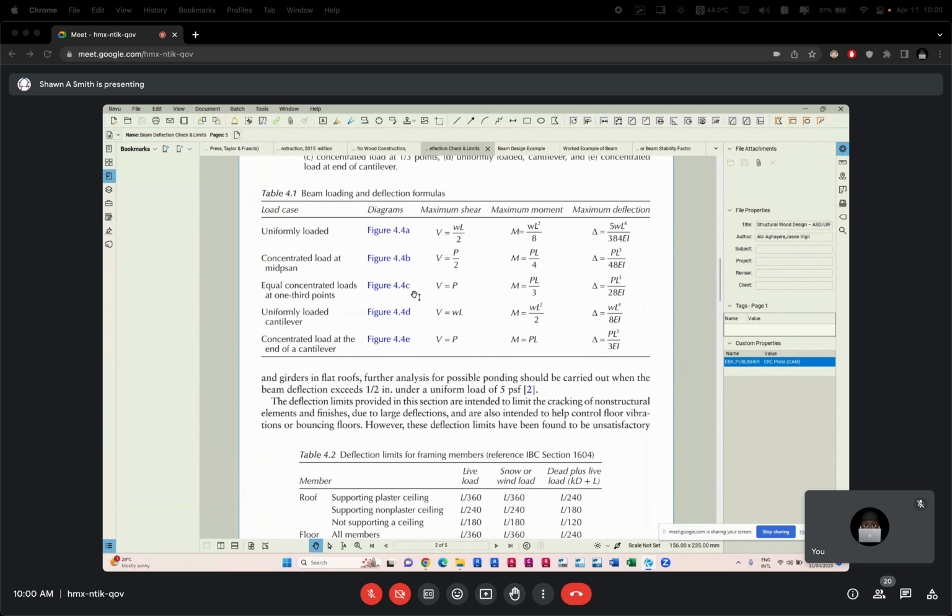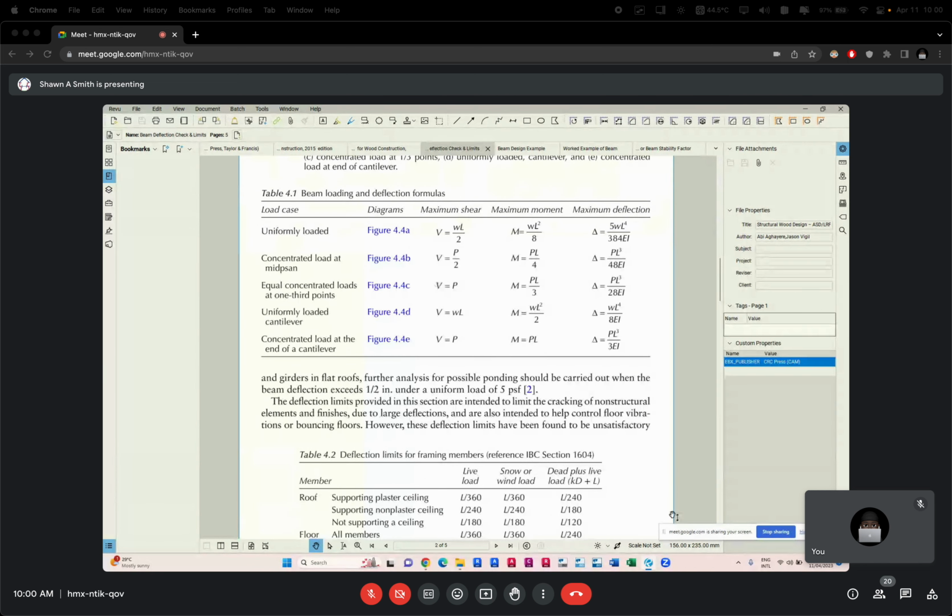We are already accustomed to these two: maximum moment and shear force for a simple supported beam with uniformly distributed load. We've been doing that for steel and timber. All right. So the first case we all know, these two.